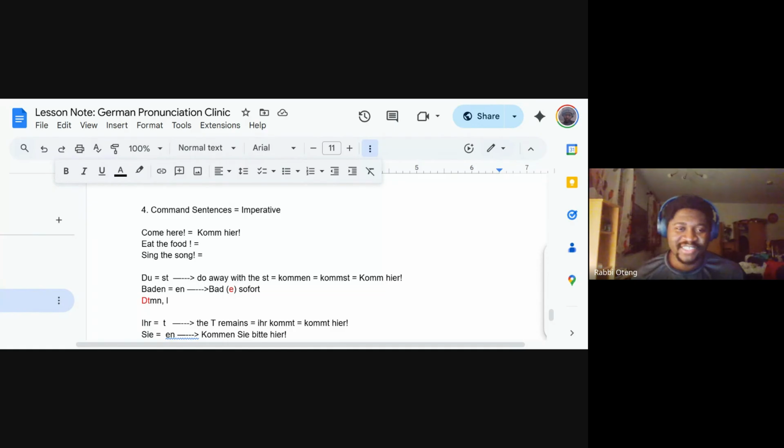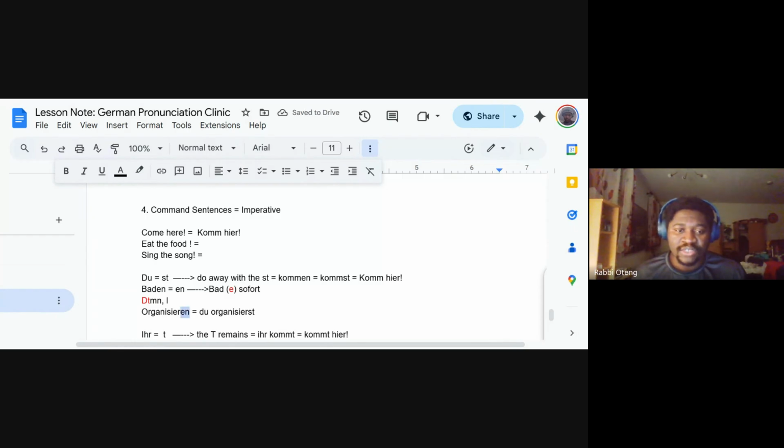So now on to the Latin verbs too. With the Latin verbs for du, what example is there? Organisieren. So we do away with the EN. If I'm saying you are organizing the party, we have "du organisierst."